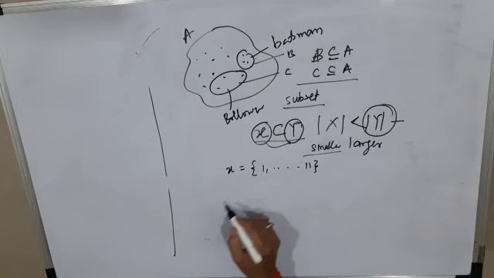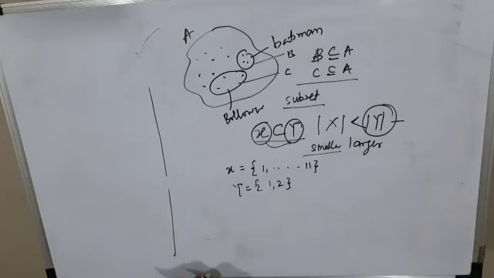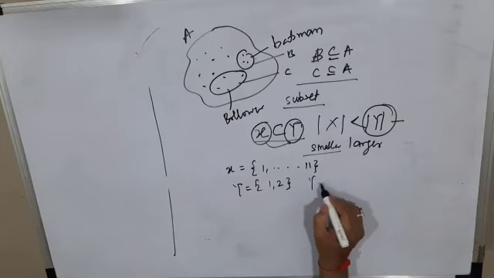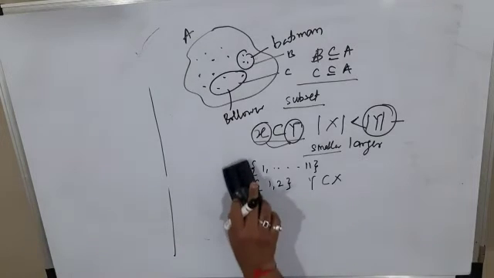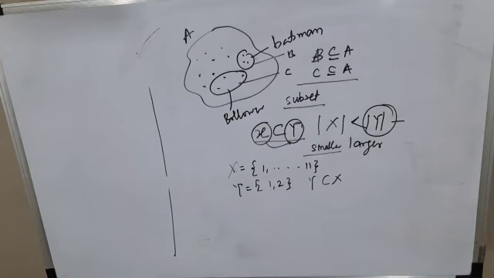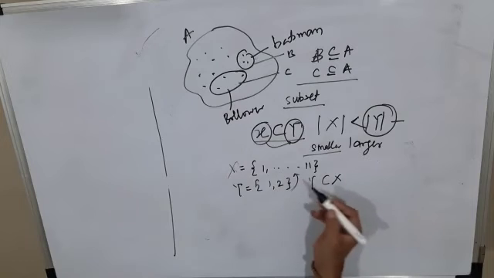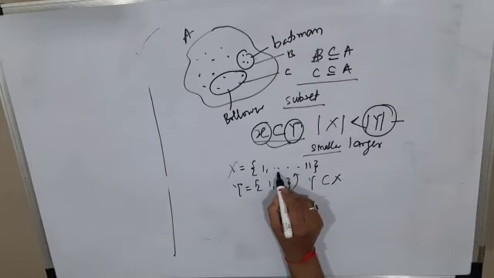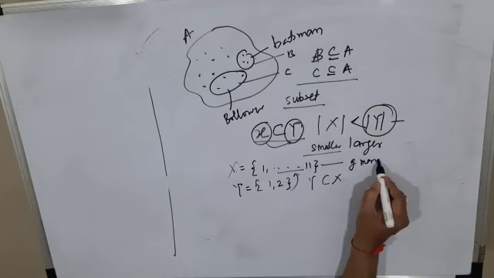If I say that capital Y is equal to player number 1 and player number 2, then I must say that Y is a proper subset of X. X has at least one element more. How many elements are more? 9 elements are more.